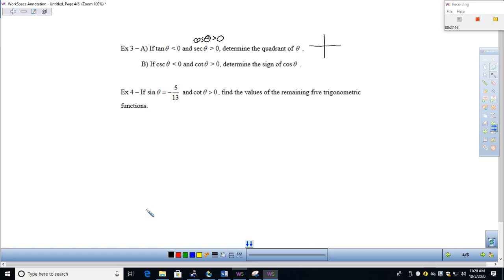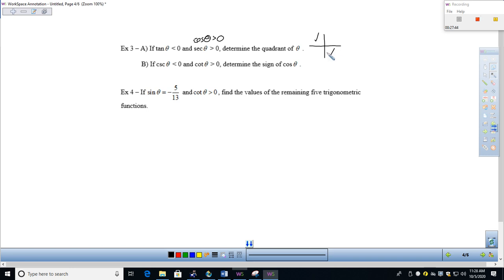Well, remember, all are positive here, tangent's positive here, so tangent is positive in these two, meaning tangent is negative in this one and this one. That's where tangent is negative. So already, just from this piece of information, everybody, I've narrowed it down to either quadrant 2 or 4.